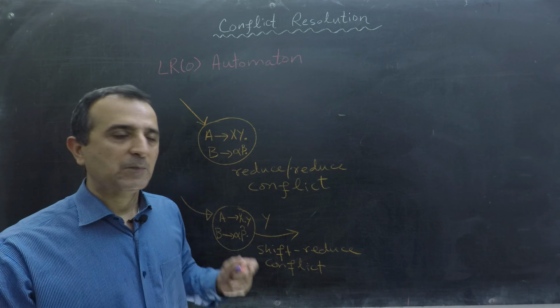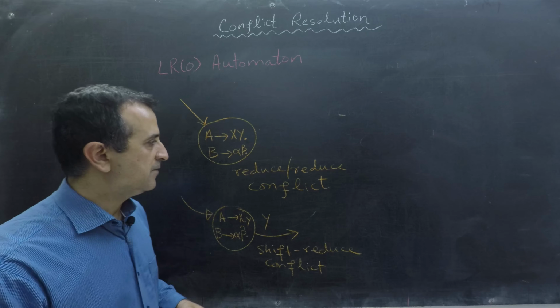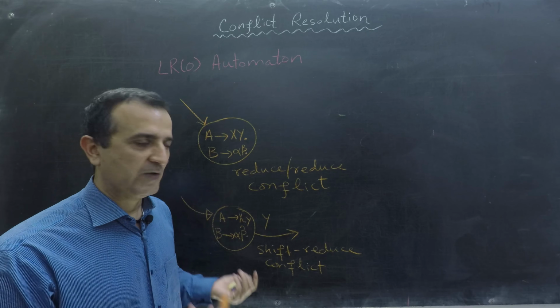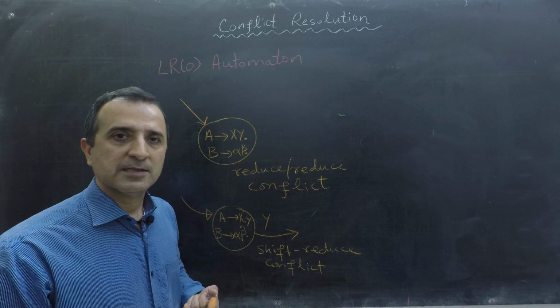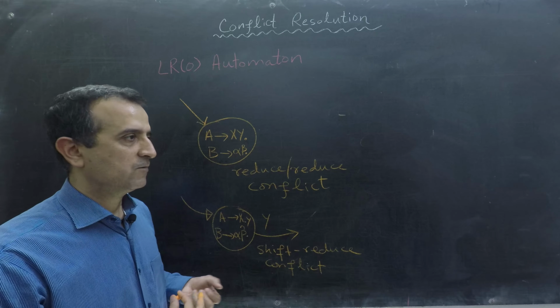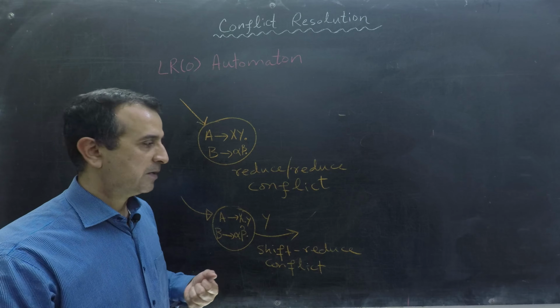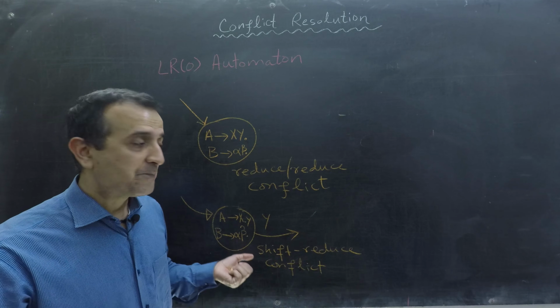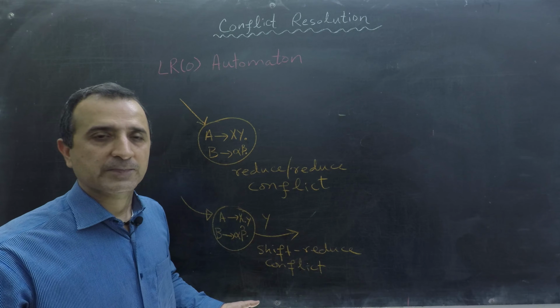However, please note that if our LR0 automaton has a conflict, it doesn't mean that our parsing table will also have a conflict, because we will use some strategies for the creation of the parsing table that can potentially resolve those conflicts.